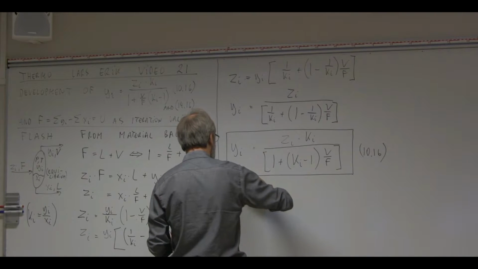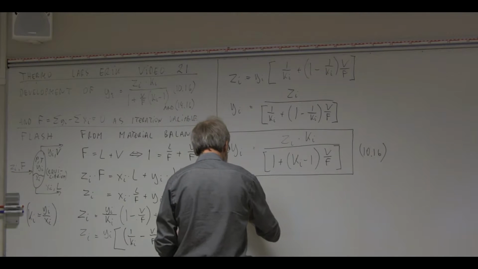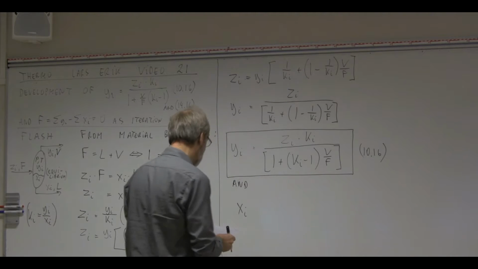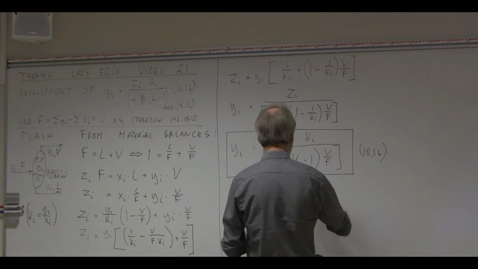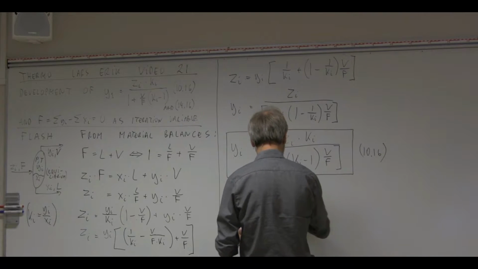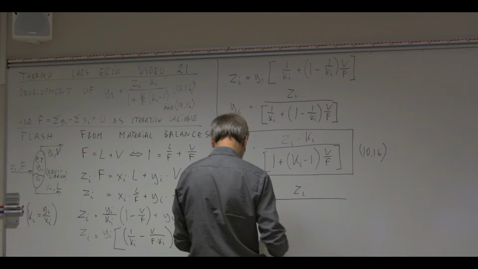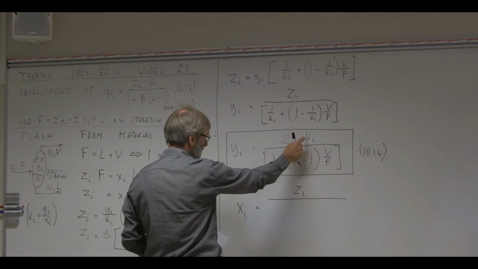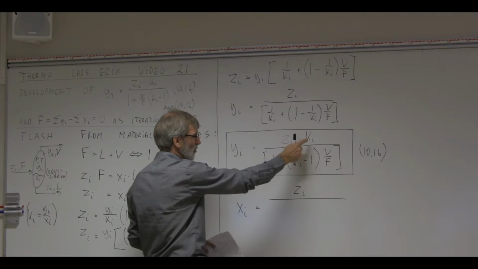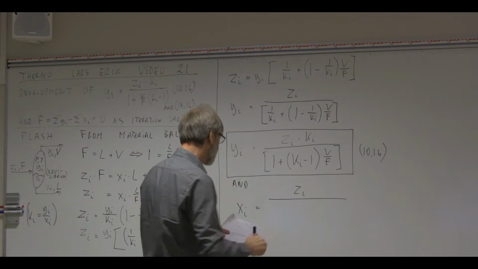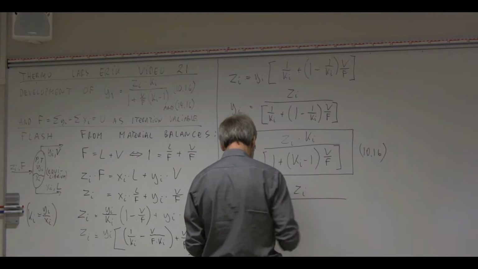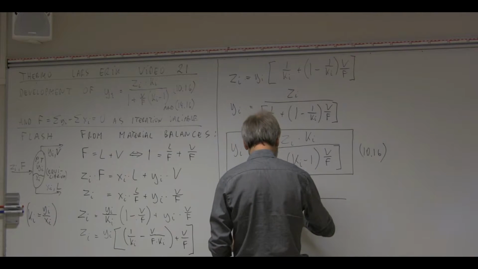and we have a similar equation for the x's. K is y over x, so we easily convert this to an equation for the x's.